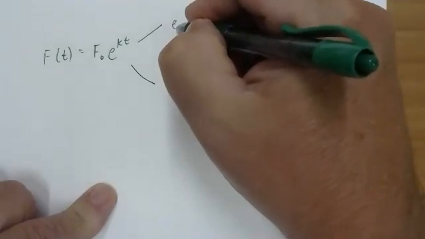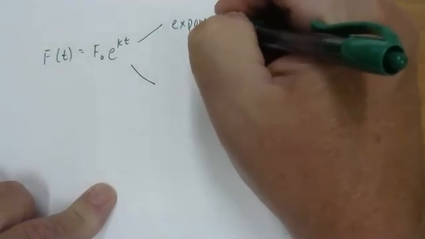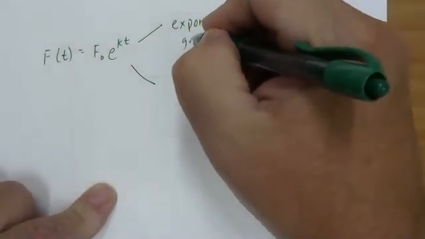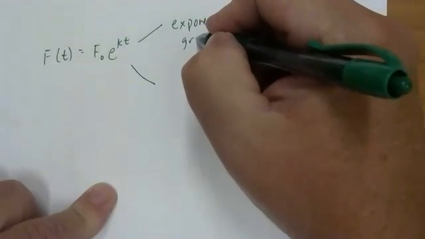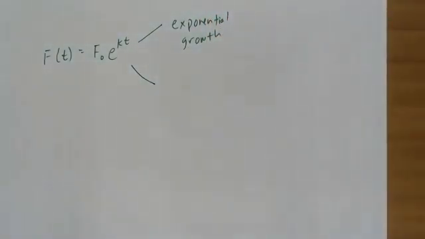So many of the problems we're going to work with these exponential equations end up being called exponential growth problems. So whatever we're looking at is growing. Matter of fact, exponential growth means it grows really fast. It can grow very quickly.